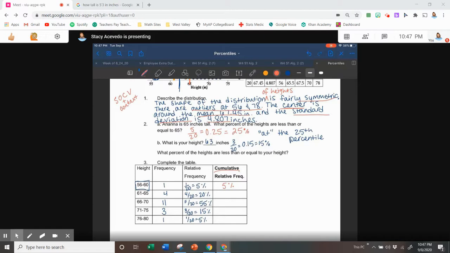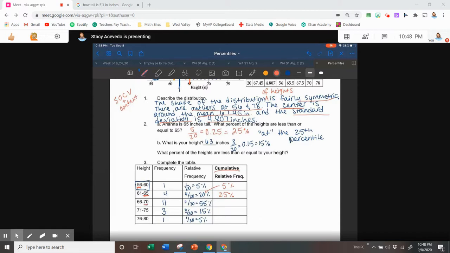So how much percentage is between heights of 56 to heights of 65? Well, we would take 5%, add it to the 20%, and you would get 25%. Well, now what about from the heights of 56 to 70?